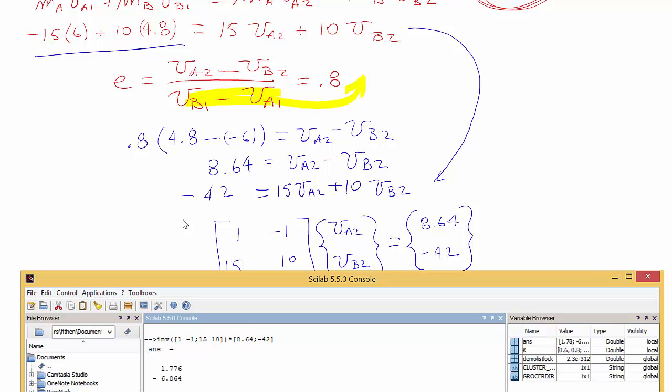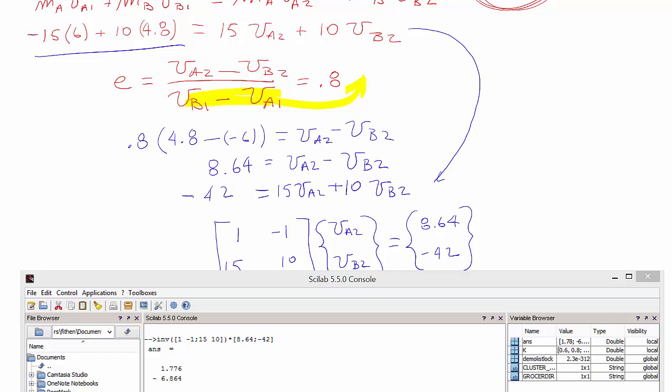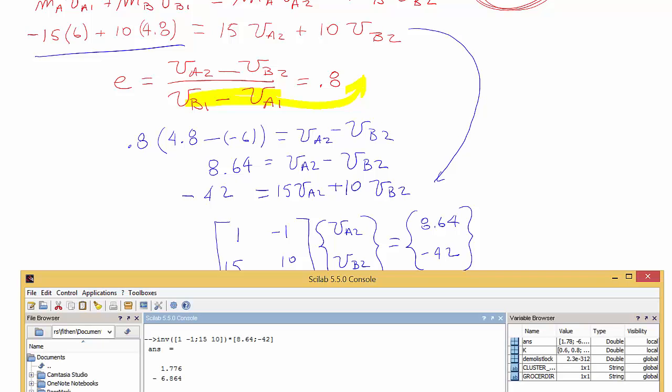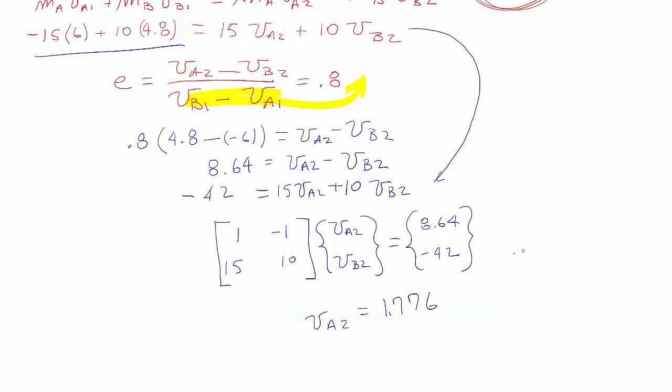Looks a little bit funny, but I think it's okay. Let's see if I can copy this down. I have to remember I may have to bounce back and forth. 1.776 is VA2, minus 6.864. Oh gosh, it's going to be hard to remember.